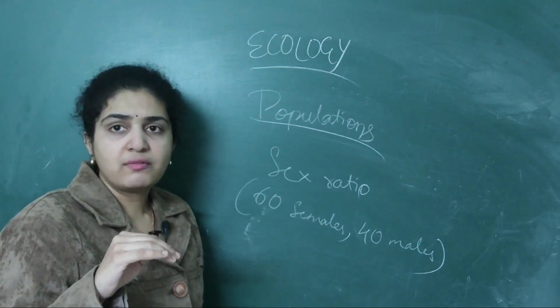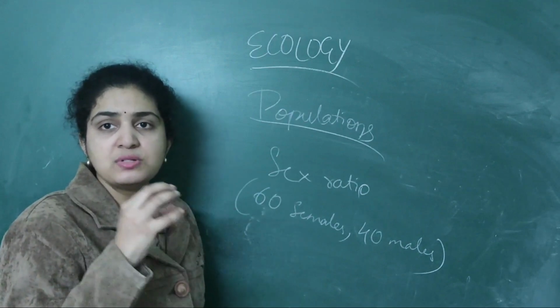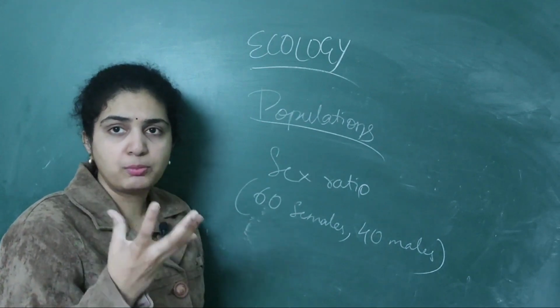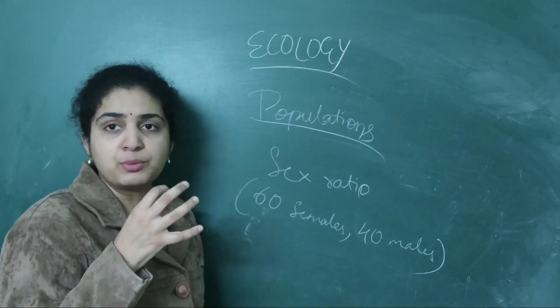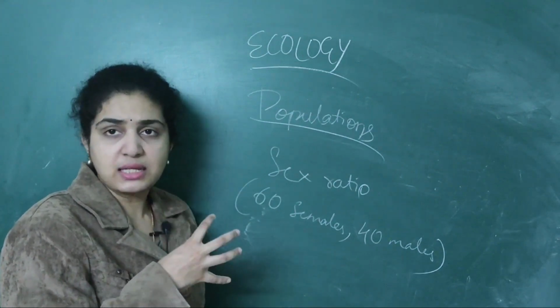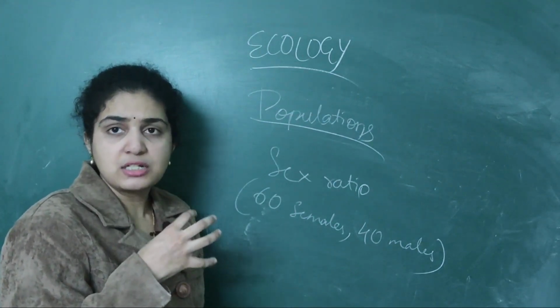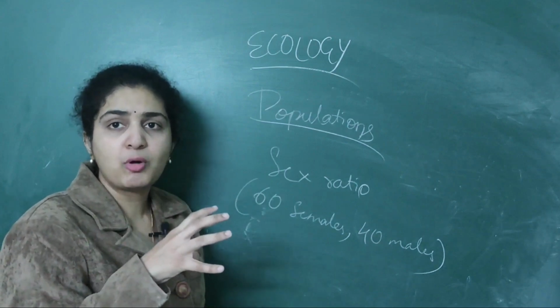So till now what we have discussed: a population means a group of individuals living in a specific area. For individuals we say births and deaths; for a population we say birth rate and death rate. Next, the sex ratio: how many females and how many males are present in the total population.